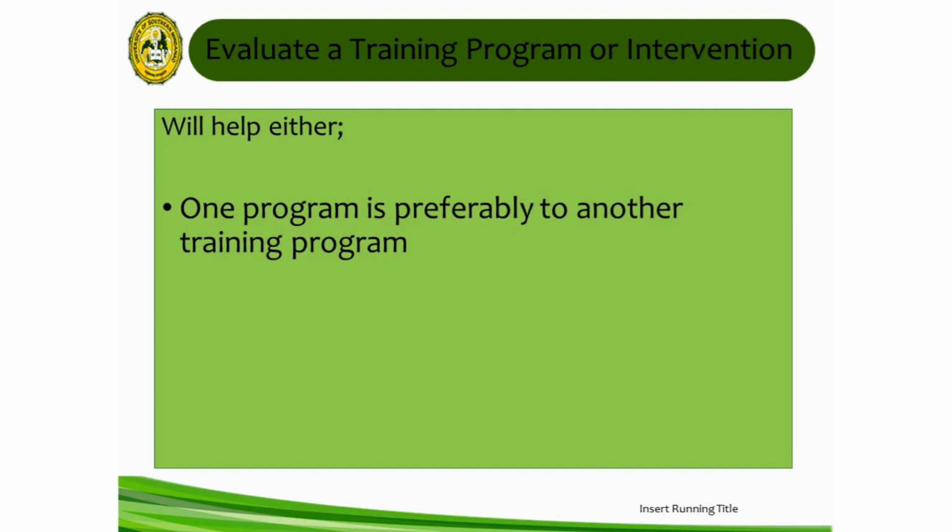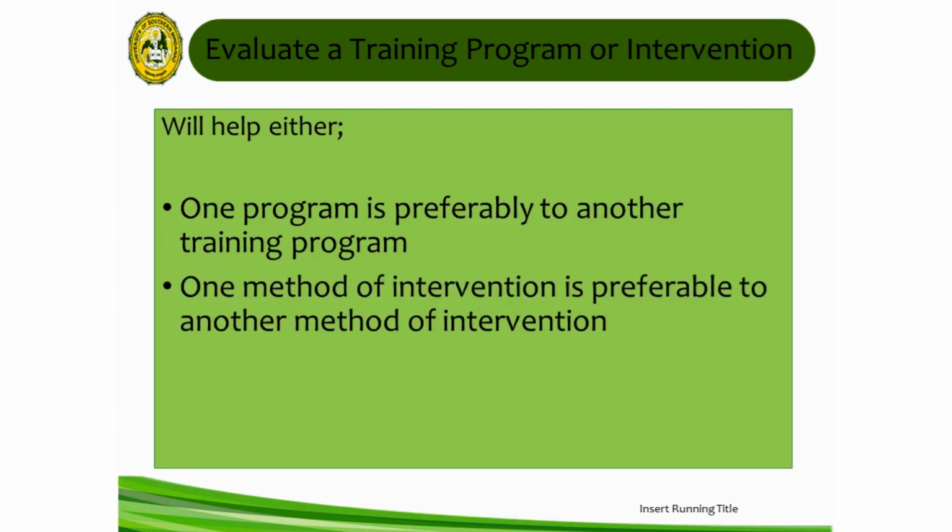And the next time we want to conduct a leadership program, the beneficiaries are high school students. So, by evaluating the training program, we will identify if the program we conducted for the college students fits the program we want to impose on the high school students.